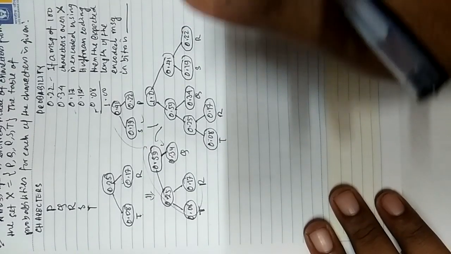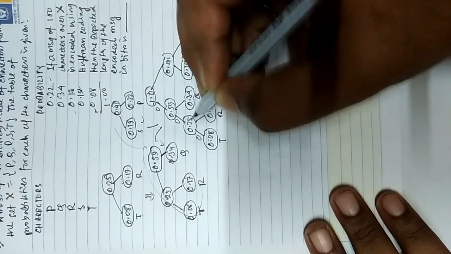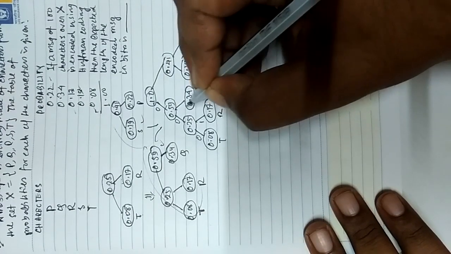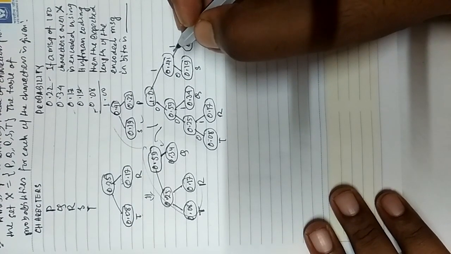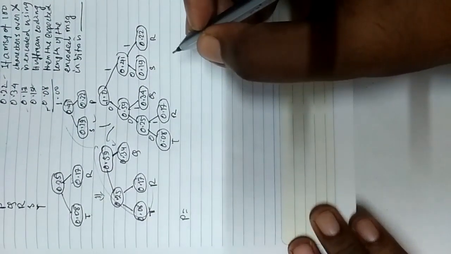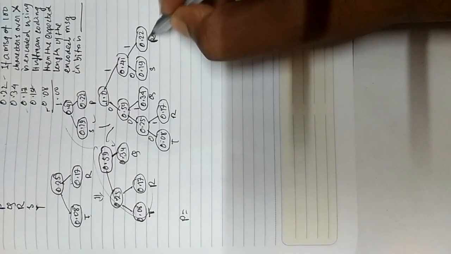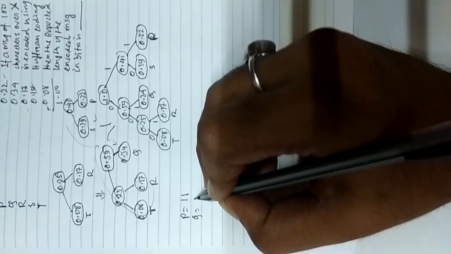Now I will consider all the left branches as 0, and right branches as 1. Now try to represent the values. If I want to represent P, P is 1, 1. Q is 0, 1.